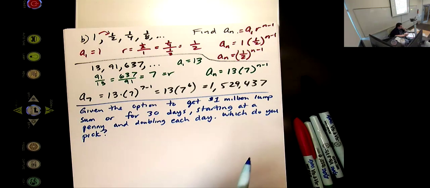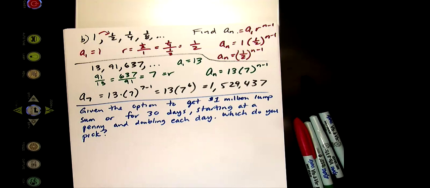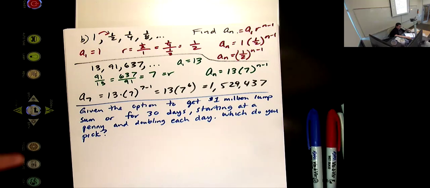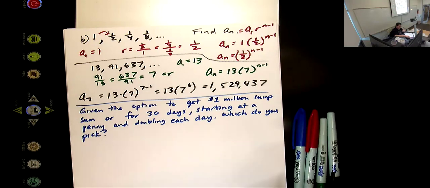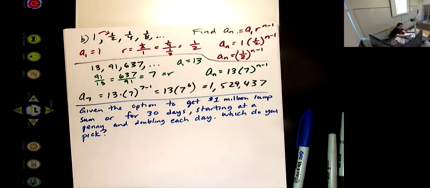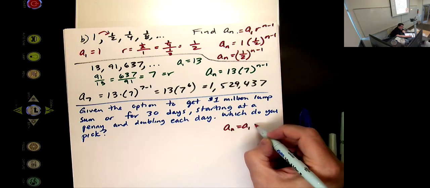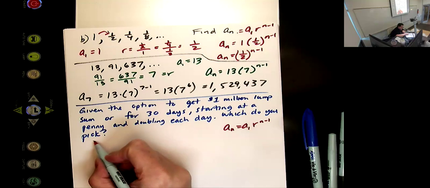Most people that have not studied or learned this math immediately say, no way that penny's getting that very high. But if we look at this in terms of a sub n equals a sub 1 times r to the n minus 1, what is a sub 1?